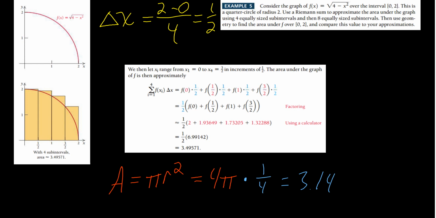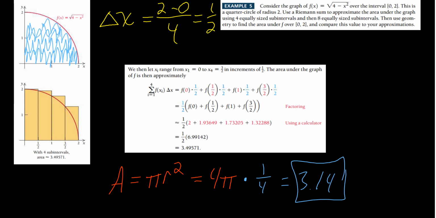It's actually pi in this particular case. So this 3.14 is the actual area underneath this curve. In our example of using 4 subintervals, we got the number 3.49, which is quite a ways from 3.14. So keep 3.14 in mind.